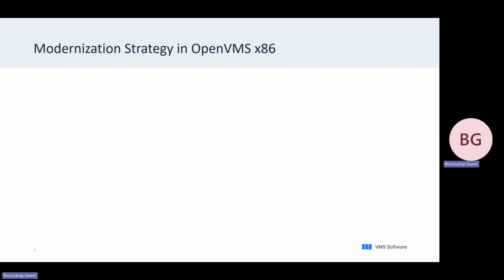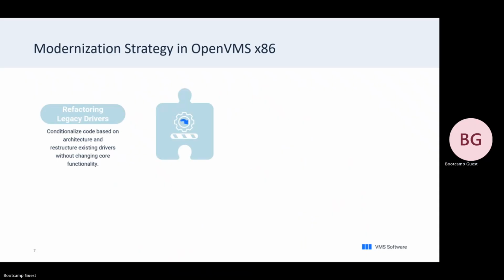What is the strategy that we try to follow for the driver modernization? First of all, VSI maintains a policy of ensuring forward source compatibility. So we want well-behaved applications that operated on previous architectures like Alpha or Integrity to run successfully on OpenVMS x86.